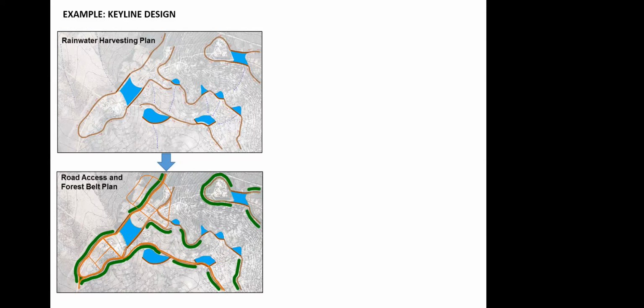It shows where the water should run and where the access roads have the least steepness, and you're able to harvest rainwater off the roads and into the swales and support forest belts. Once you've got this framework, it's very easy to develop the details in between. If you don't have this framework, you'll forever be trying to find how it works.